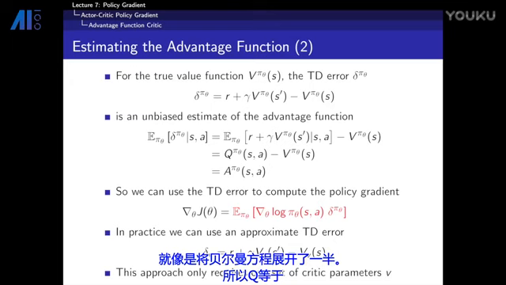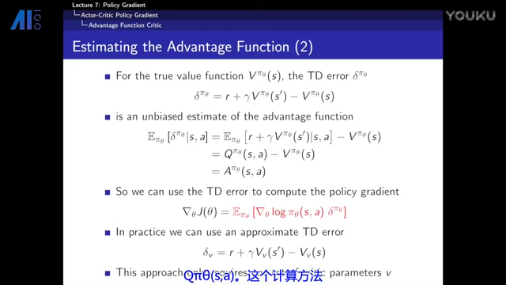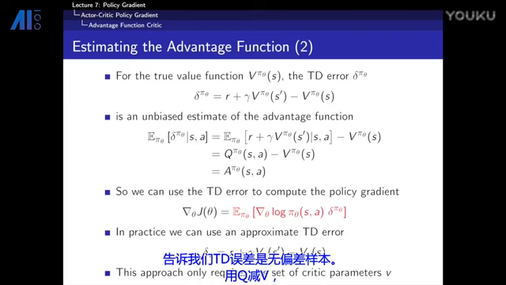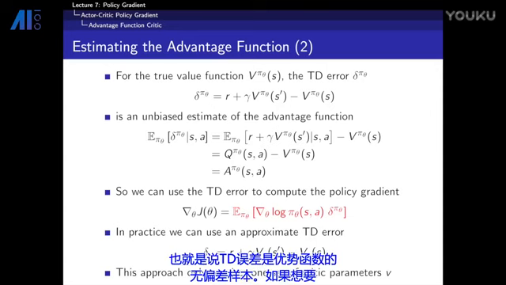So Q is equal to the expected reward plus state value at the next step. And so this whole thing here basically tells us that the TD error is an unbiased sample. We've basically got our Q minus V now. This is the advantage function. This whole thing tells us that the TD error is an unbiased sample of the advantage function.